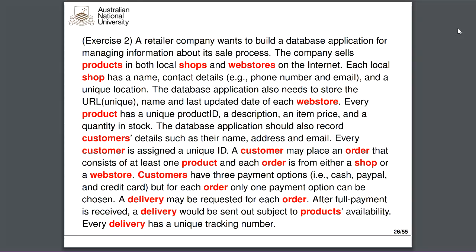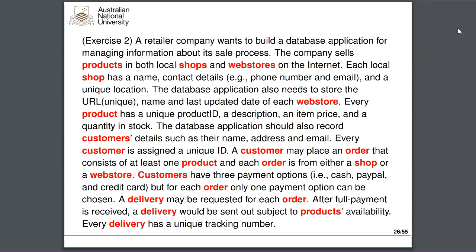And then once you identify an entity, maybe you want to consider also whether it is a weak entity or just a normal entity. You ask yourself this question, right? So in this case, when we look into the shops and the web stores, they are all stores. So stores is more like a higher abstract level, and this higher abstract level is more like the superclass.